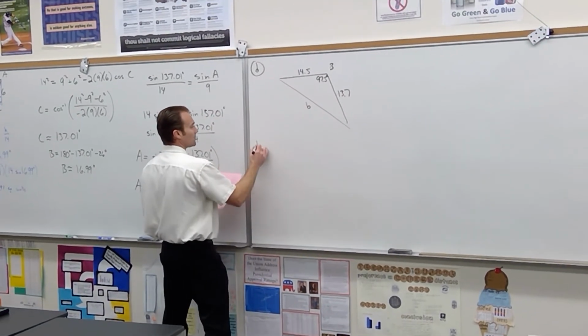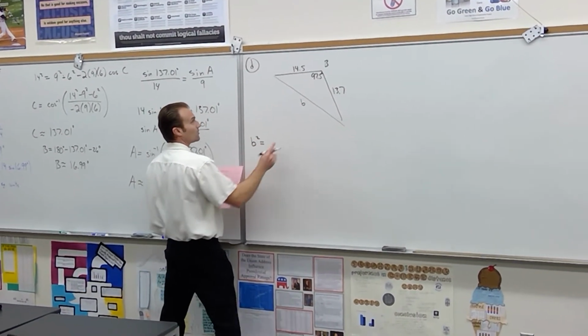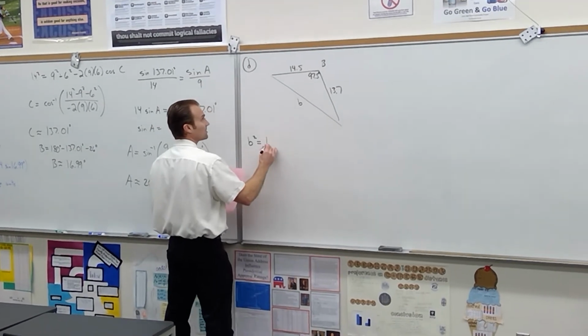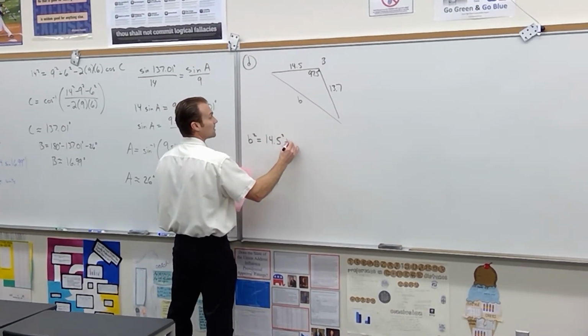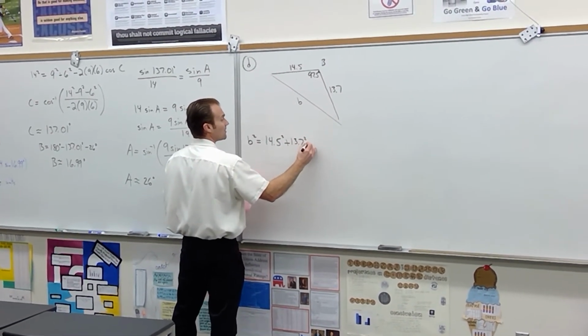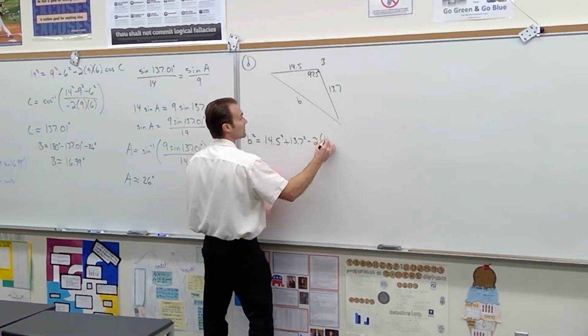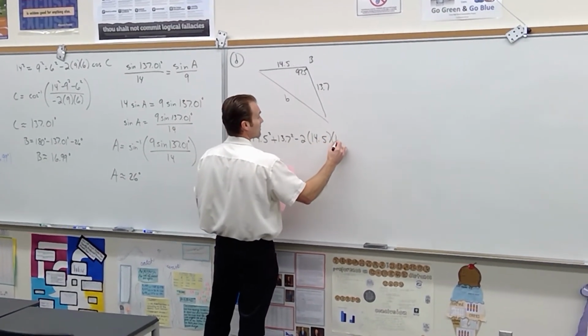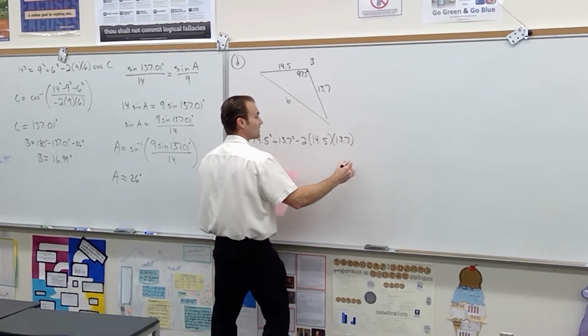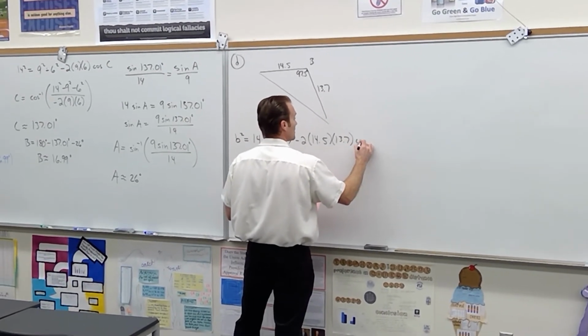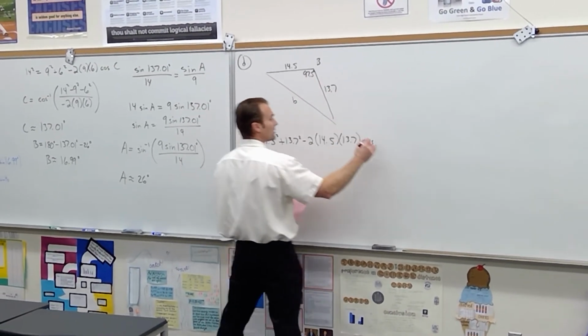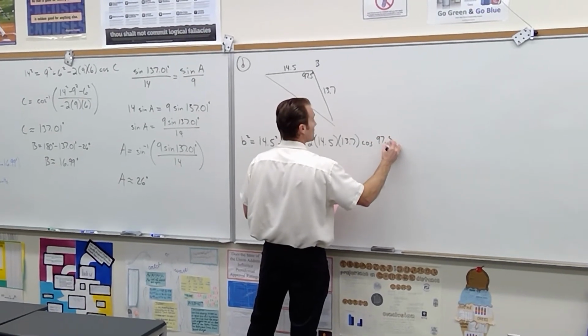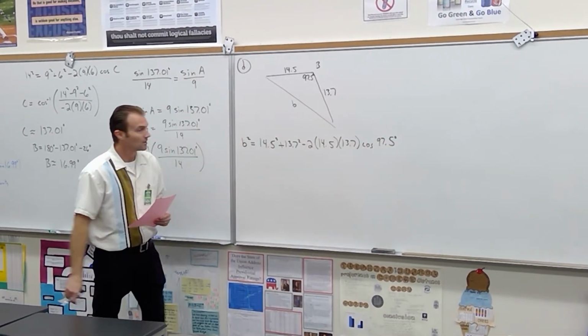So I know that B squared will equal the sum of the squares of the other sides minus 2 times their product multiplied by cosine of angle B. Okay.